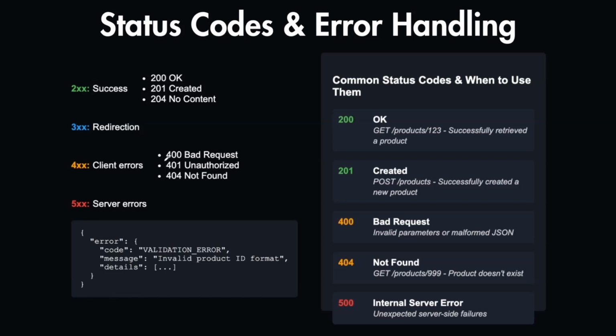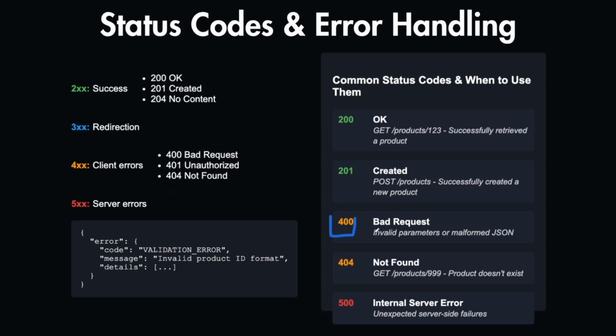For example, 400 is a generic bad request. In 401, we have unauthorized requests, meaning the user is not authenticated to make this request. For 404, we have not found. So generally, when you visit some URL or you make a request for some specific resource that doesn't exist, you would get this 404 status code.